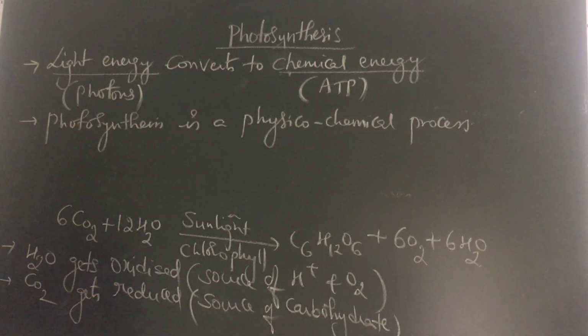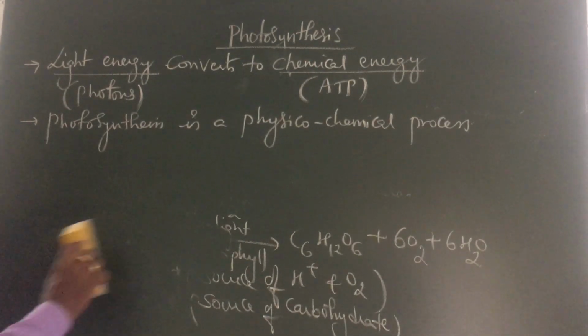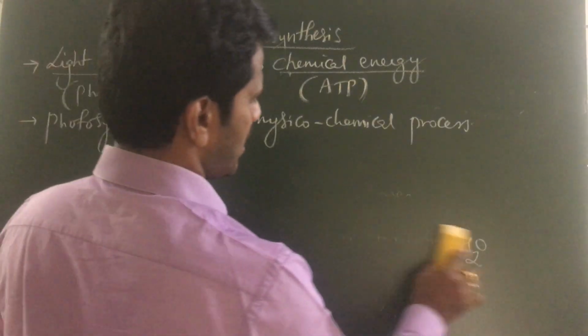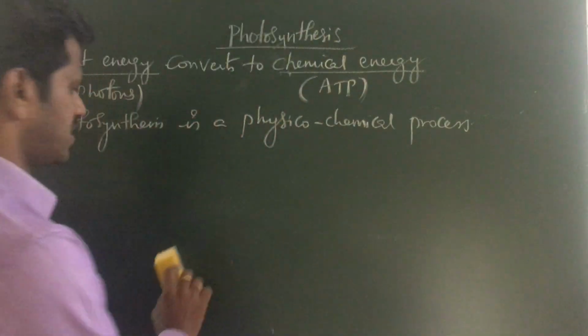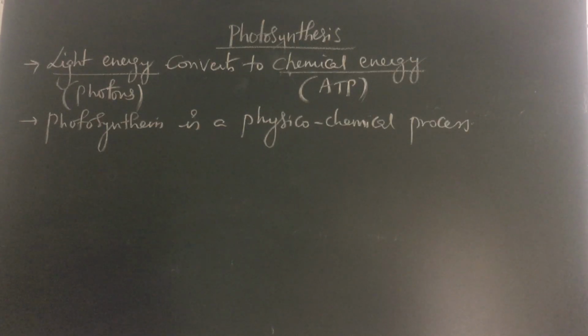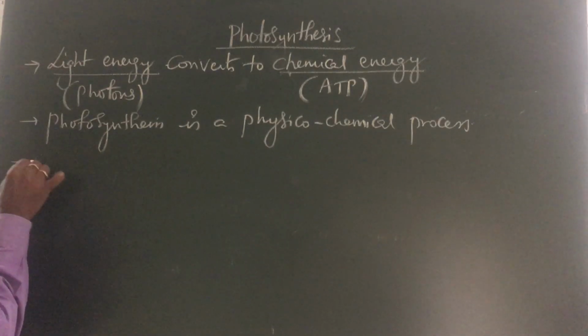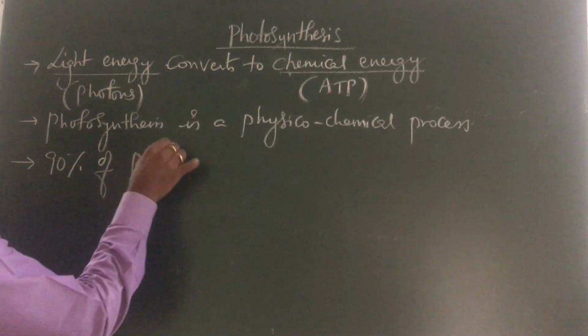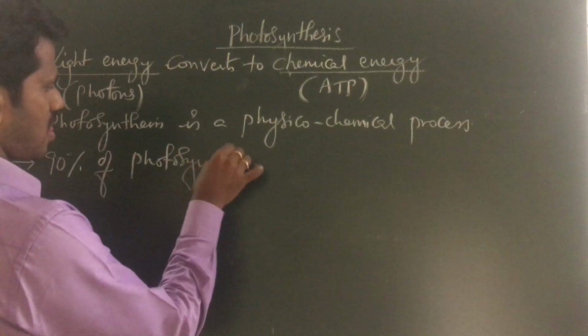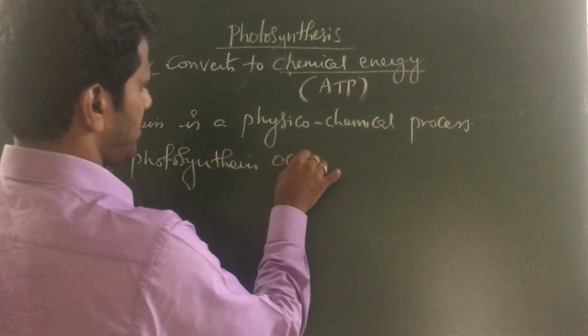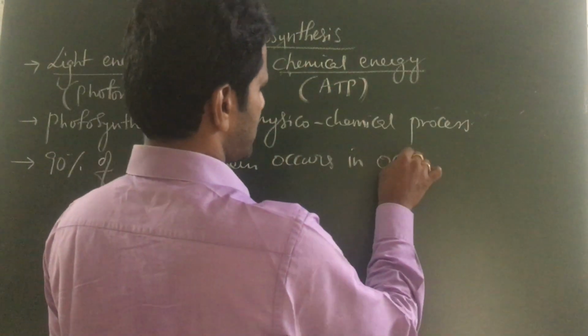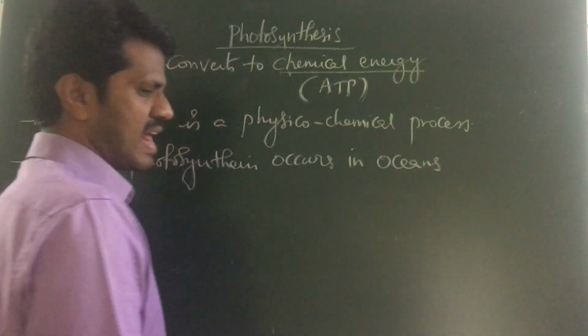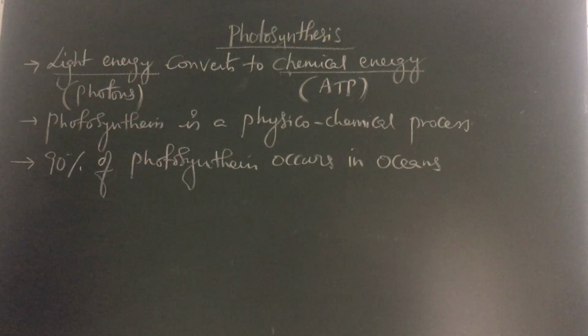If you see the photosynthesis rate, 90% of photosynthesis occurs in the oceans, as we have most of the autotrophs like algae and lower plants present mostly in the oceans. So photosynthesis rate is more in the ocean.